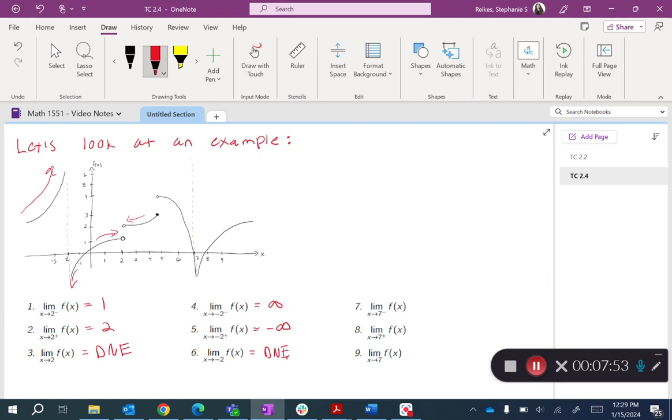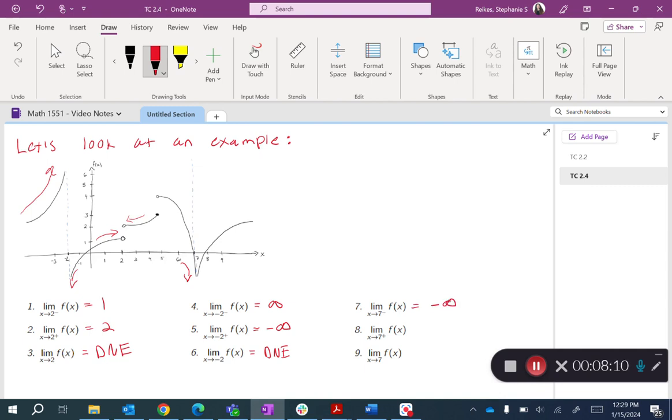All right, last set, let's look at what's happening around x value 7. The limit as x approaches 7 from the left-hand side, we see is decreasing forever, so we would say this is negative infinity.